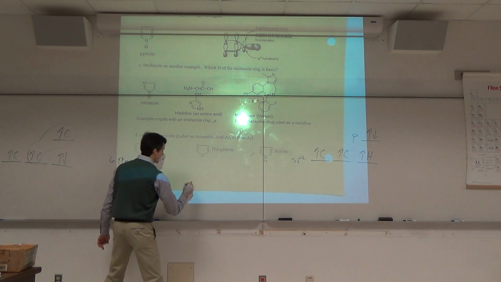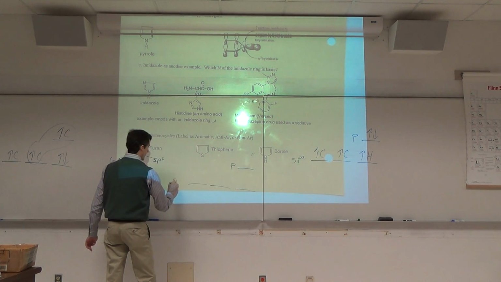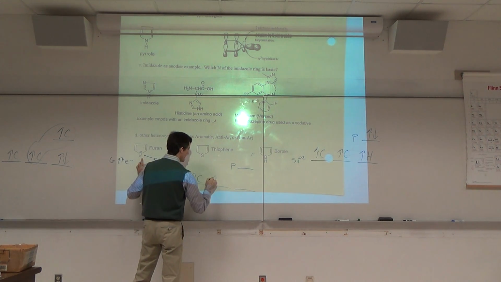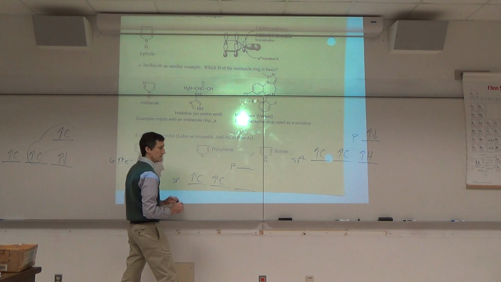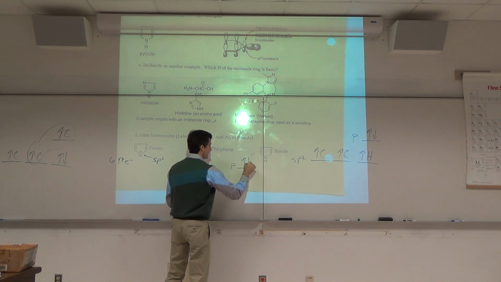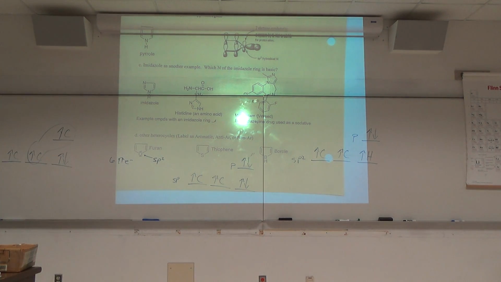If we graph this, what do we end up with? This oxygen here has a sigma bond to carbon, and what else does it have? 2 lone pairs. 1 lone pair is in a hybrid, 1 lone pair is in a p. Only 1 of the lone pairs is in the p orbital.